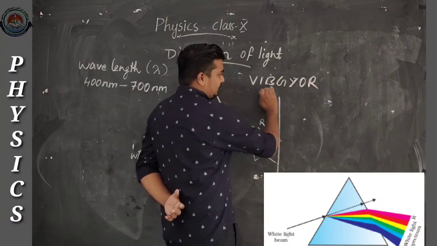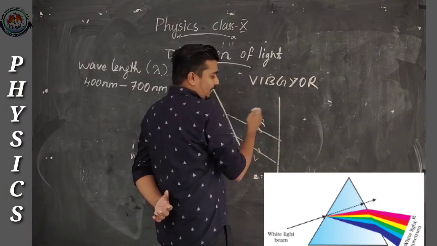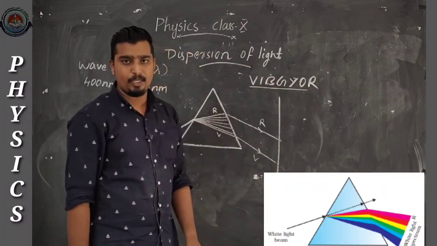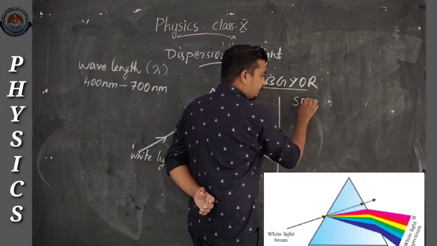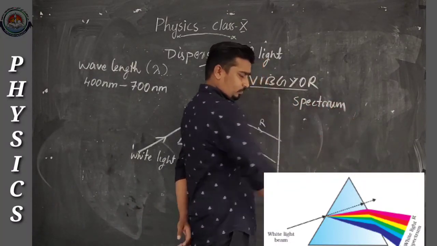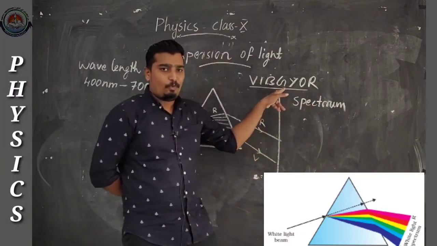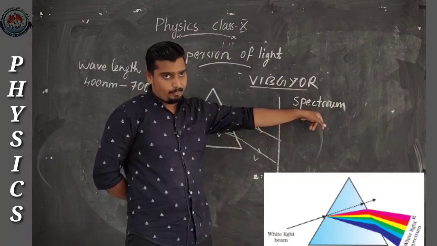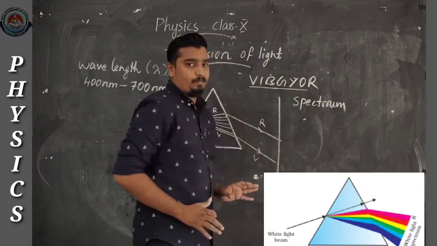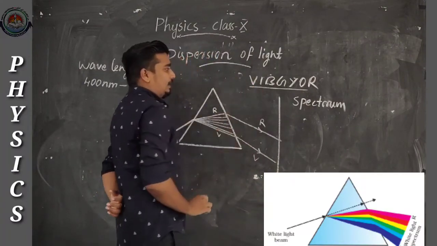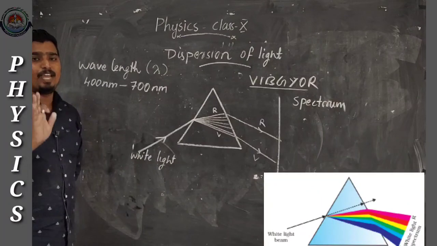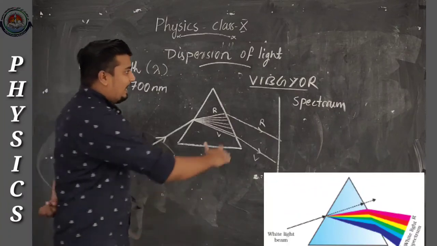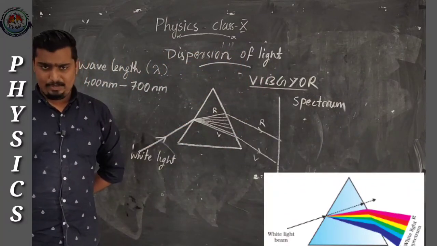The arrangement of colors formed by dispersion is called spectrum, that is the visible spectrum. In this spectrum, violet has lower wavelength and red has greater wavelength.